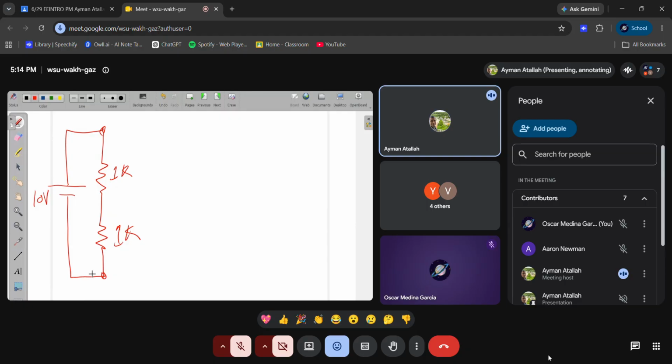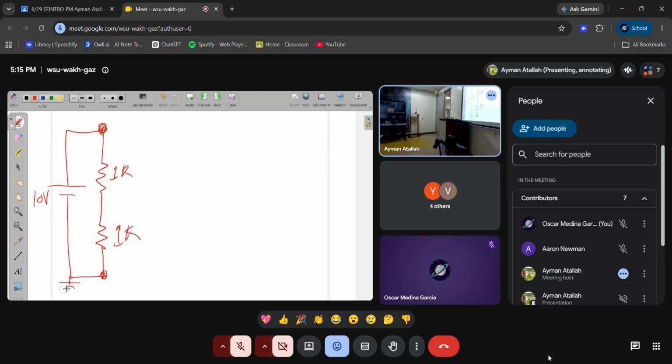You bring your multimeter, put the red here, the black here, and this is ground. And you have a battery here, 10 volt.